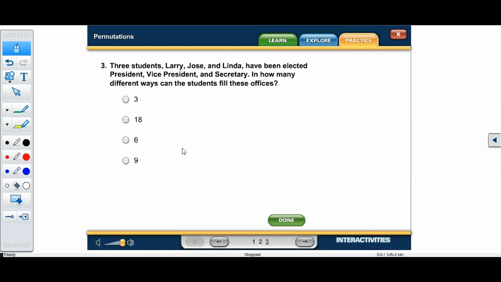This is the last one that they're going to do on here for us, and then I'm going to take us to Paint to work on one on our own. We've got 3 people being elected president, vice president, and secretary. So it matters if Linda is first, which is the president spot, or if Jose is, or if Larry is. So order matters. These are permutations. It's a factorial of 3.